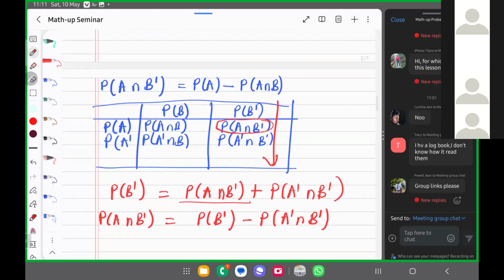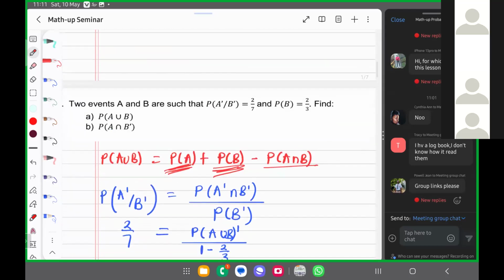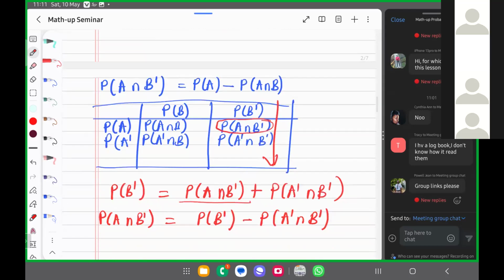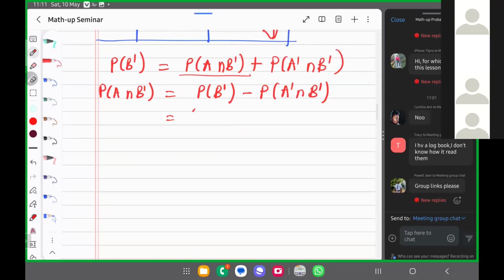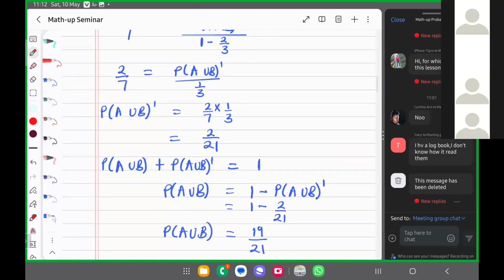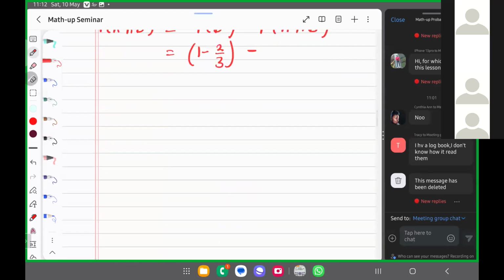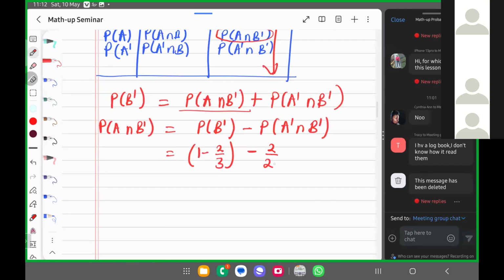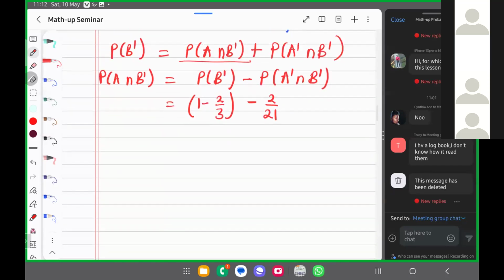So probability of B complement is 1 minus 2/3, 1 minus probability of B, then minus probability of A complement intersection B complement. We got it in the previous part. It's 2 out of 21. Remember, probability of A union B complement is the same as probability of A complement intersection B complement.